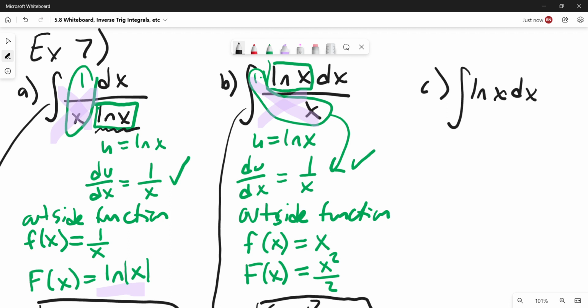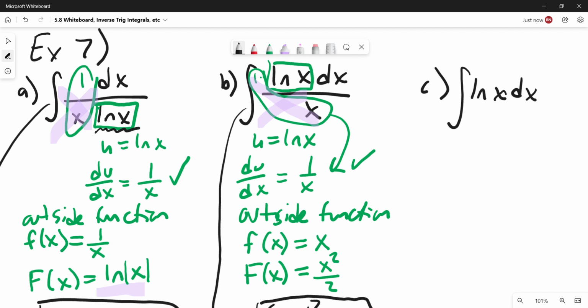Okay, well, if we try to do some kind of u substitution, literally the only option would be for your u to be your ln x, but then you'd need your du dx, which is 1 over x. You need an x somewhere. And if you tried to force there to be an x in the denominator, the only thing you could do would be to multiply the numerator of the integrand by x. Remember, you cannot put anything with x outside the integral sign.